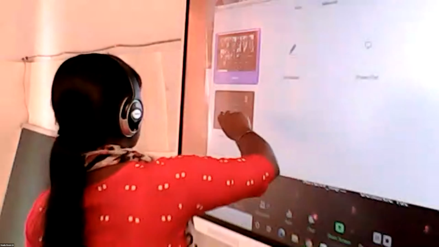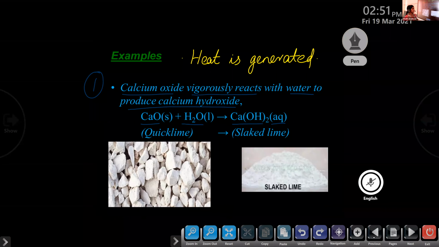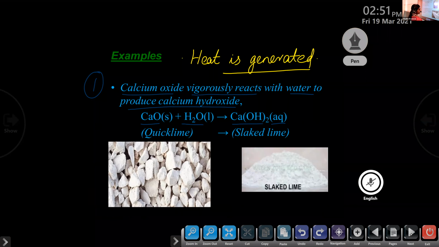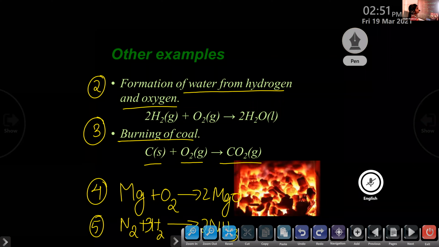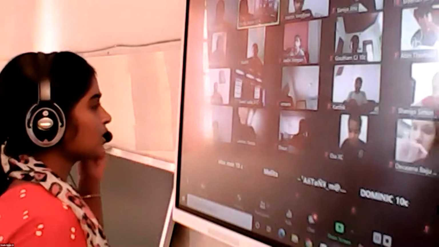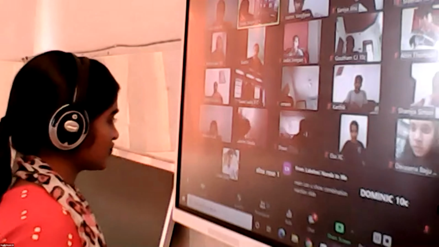And when calcium oxide vigorously reacts with water to produce calcium hydroxide, I told you that heat is generated, right? Can you tell me the name of reactions in which heat is generated? It is not another type of reaction, but it comes under it according to the heat generation.